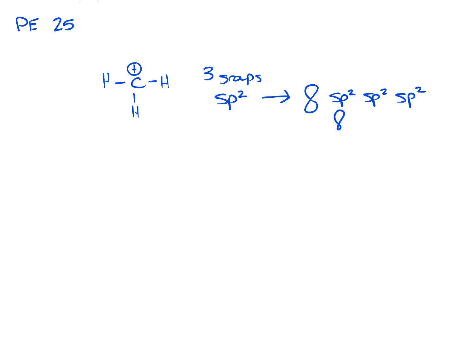Okay, so that is for the carbon. Okay, the hydrogens are easy. Hydrogens are always just s orbitals. Okay, so we want to draw the picture to show what's going on here. So I have my carbon.